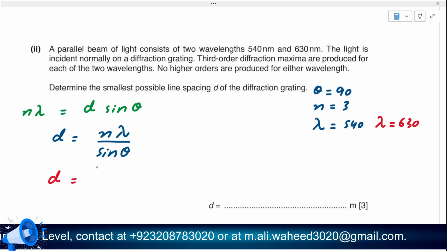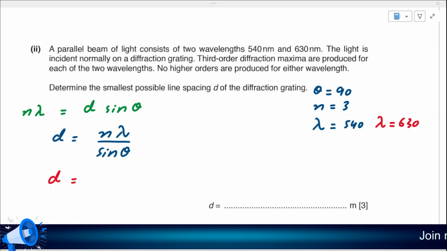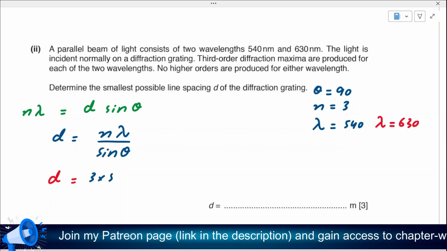So we need to find the value of d. Smallest possible line spacing. So n is 3. Let me first pick the value of wavelength 540.